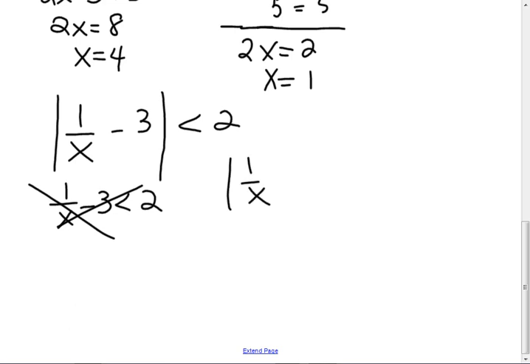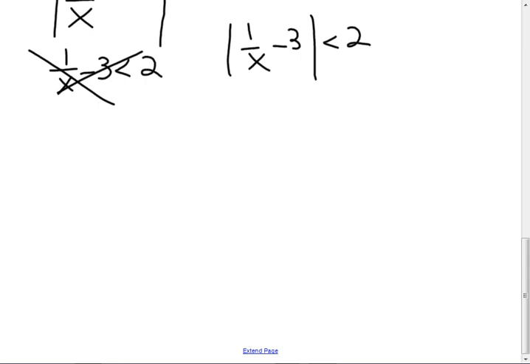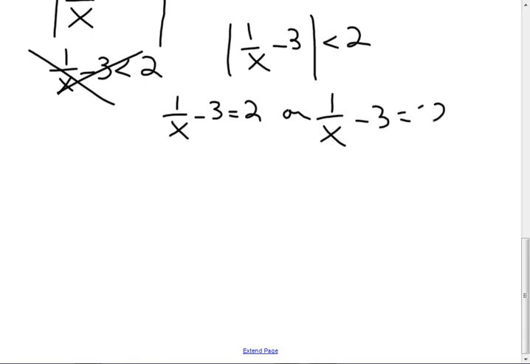1 over x minus 3 is less than 2. Find what x is. Find the boundary points. So 1 over x minus 3 equals 2, or 1 over x minus 3 equals negative 2. So x equals, 1 over x equals 5. So x equals what? 1/5.